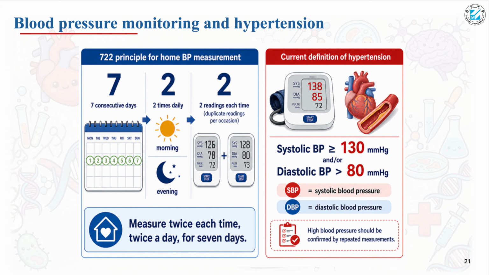So each time you measure your blood pressure, take 1 reading first, then rest for about 2 minutes and take a second reading. This gives us more readings and allows us to calculate an average of blood pressure. The average value is usually more reliable than just one single measurement.